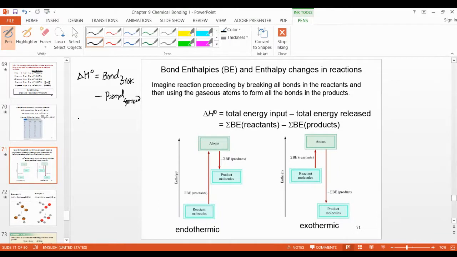We can write it in a different way: the summation of bond energy required to break the reactant minus the summation of bond energy released for the product.